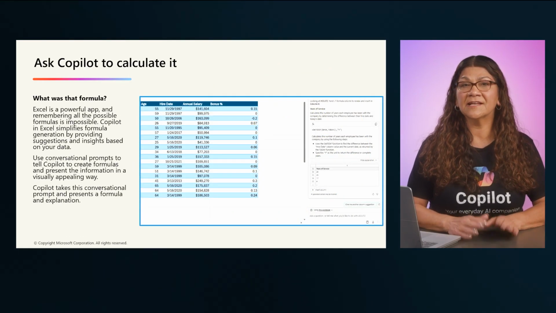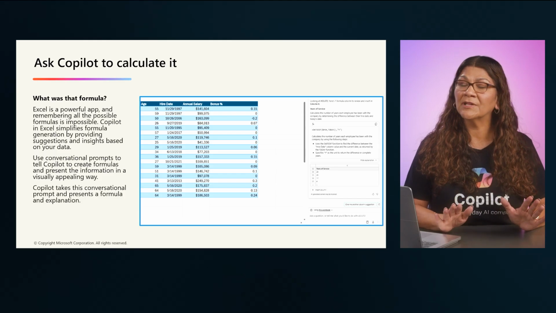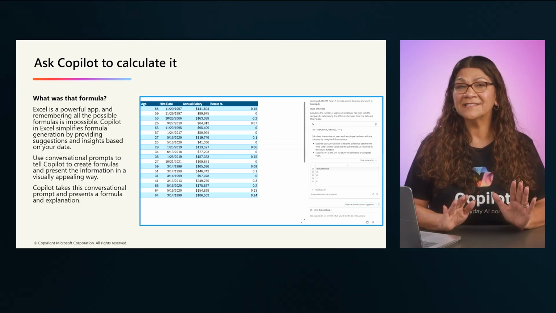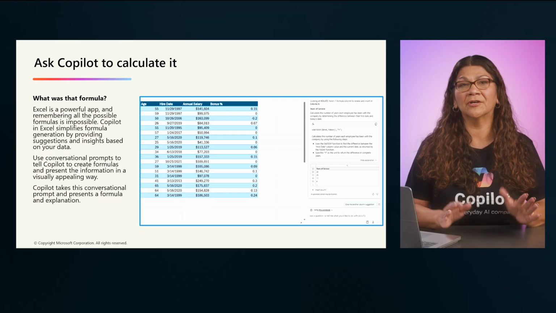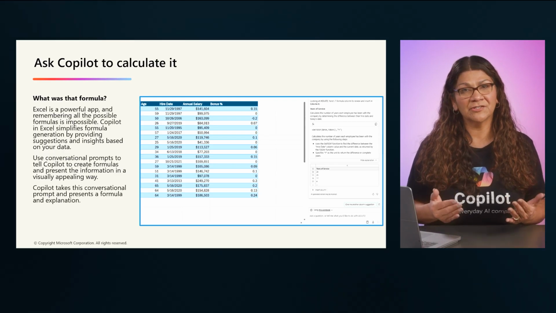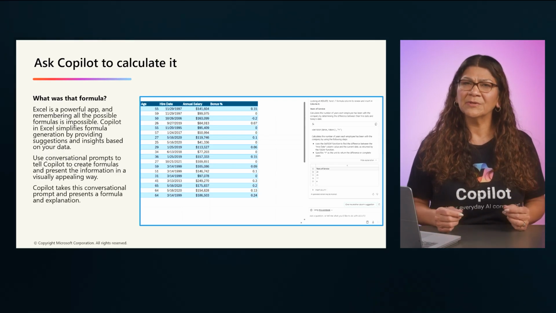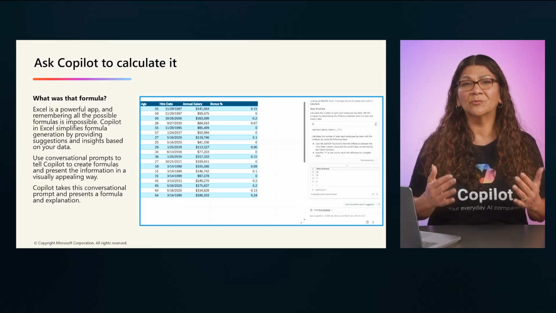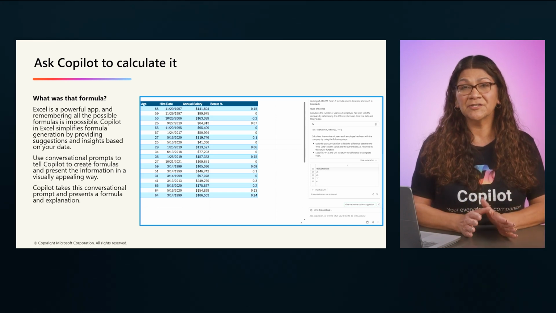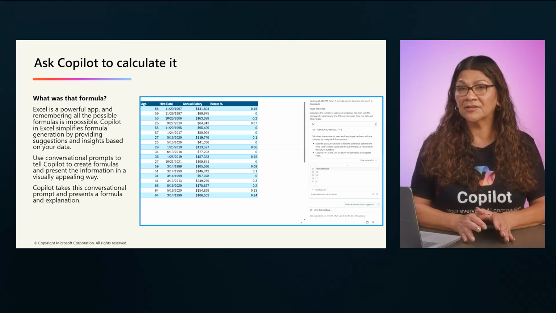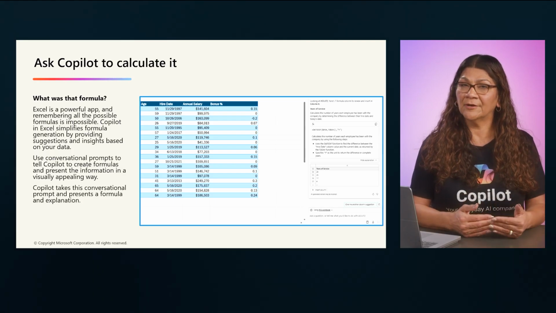Copilot in Excel takes the pressure off remembering complex formulas by acting as a smart calculation partner right inside your spreadsheet. Excel is incredibly powerful, but recalling the right syntax, especially for text functions, nested formulas, or multi-step calculations, can slow you down.